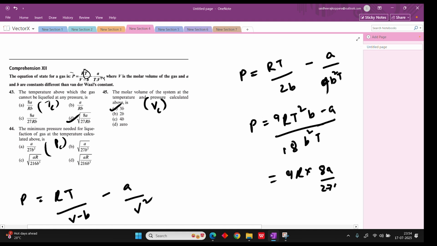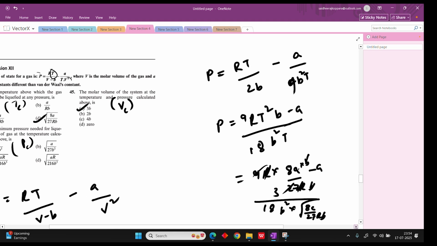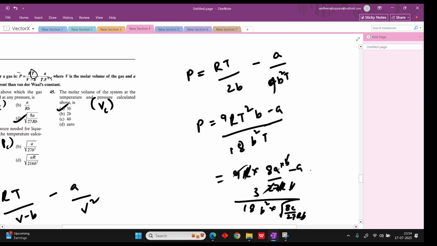8A by 27RB minus A by 18B square into 8A by 27RB. What do you get by solving this? R gets cancelled and I think you're left with factor B. Yeah, this 3, 8 by 3.